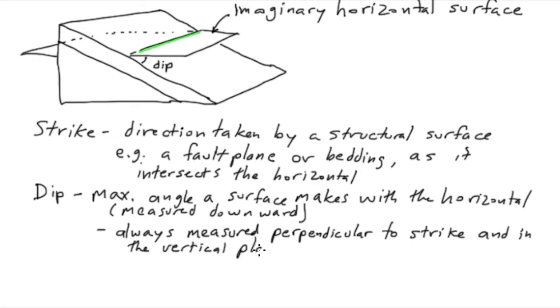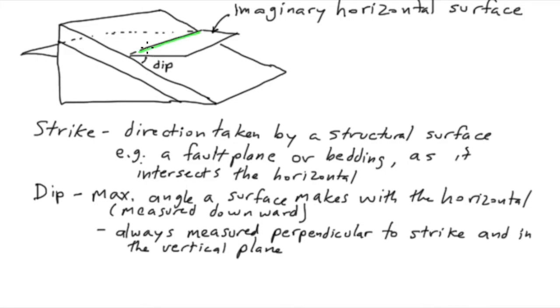All that's saying is there's a lot of different angles you could measure between this surface and that plane. If you measured them at some odd angle, you could get angles that are less than the dip. So we measure the dip perpendicular to strike.